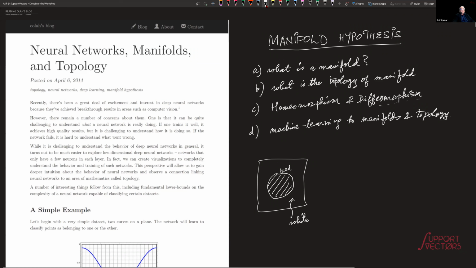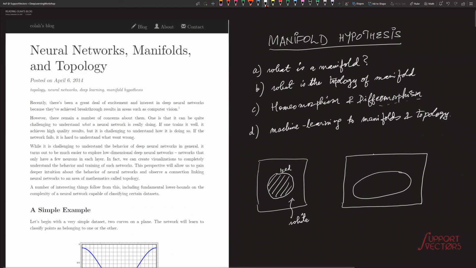If I ask you, can you make this circle become an ellipse? How would you do that? You can stretch it, and there we go. It has become this. Are we together? So now it has become an ellipse.